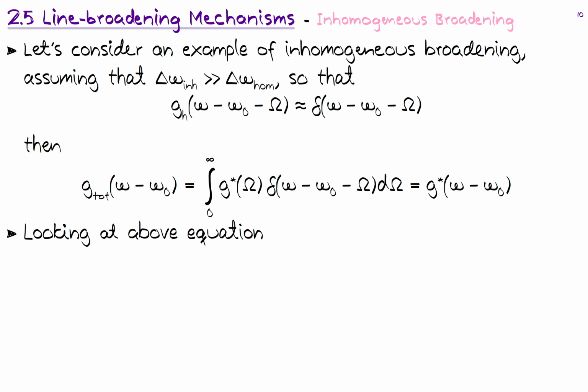And of course, we don't always take this kind of extreme limiting case. Most of the time, the homogeneous broadening is quite narrow compared to the inhomogeneous broadening. So usually, when we want to understand the line shape of our laser transition, it's enough to consider only the overall inhomogeneous broadening mechanisms, and that's it.